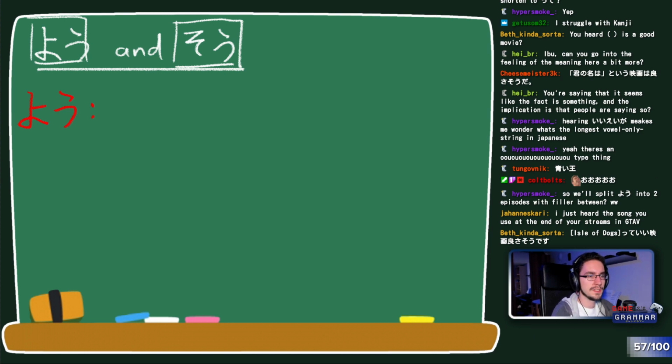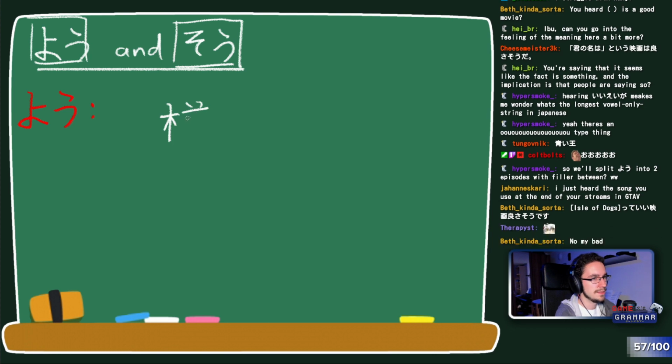Alright, so let's talk about yo. So first of all, yo, okay. Yo generally comes from the kanji 様, sama, yo, okay? Which looks like this. So you have this boy, and then I think that's all one stroke, isn't it?